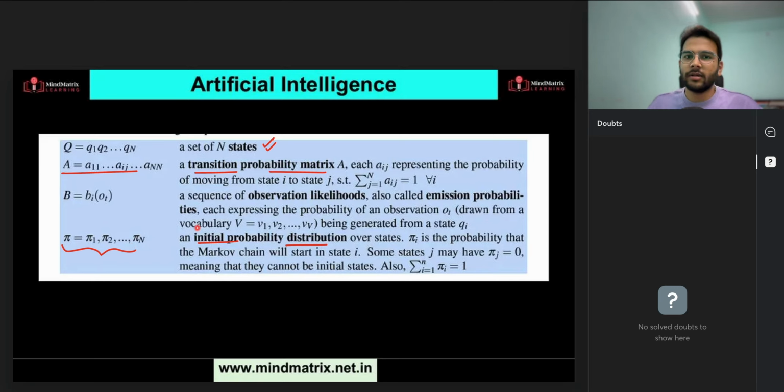If a state transition diagram or a Markov chain is given to you, then using that you can build the transition probability matrix, where you write the probability of moving from one state to the next state. Correct? These three things we already know, but if you observe carefully, we have something new here. That is a sequence of observation likelihoods, or we call them emission probabilities.